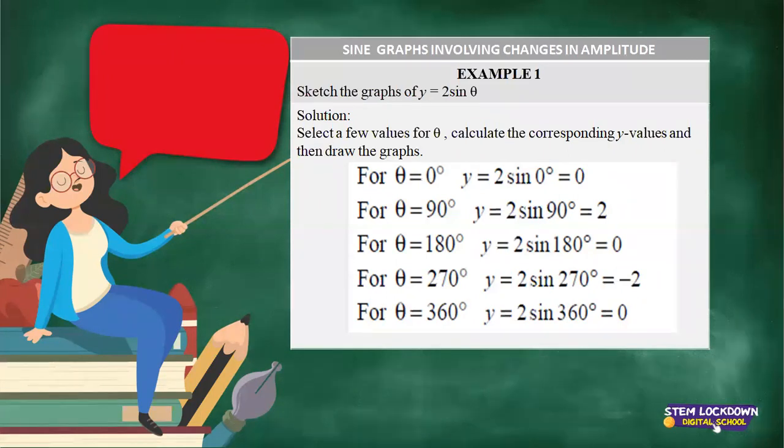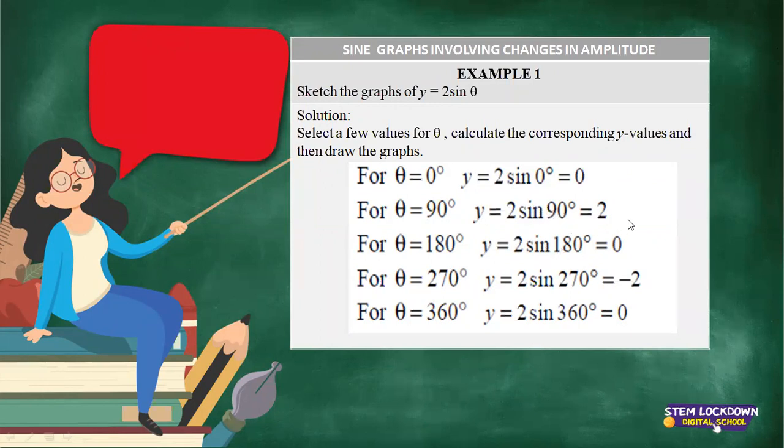So we use the values 0, 90, 180, 270, 360 and find their corresponding values. When you use the same values, you're going to get the exact same graph as when we used the whole lot of values. So using theta as 0, 2 sine 0 will give you 0. You can put that in your calculator. Then when theta is 90, 2 sine 90 will give you 2.